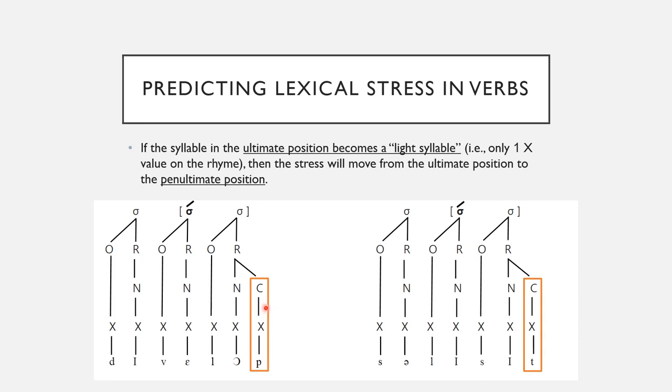To assign the lexical stress, we bind the two syllables from the left and the stress is placed on the trochaic foot. The trochee is a metrical foot composed of two syllables, the stressed followed by an unstressed syllable. Therefore, in these two examples, we assign the stress on the penultimate position.